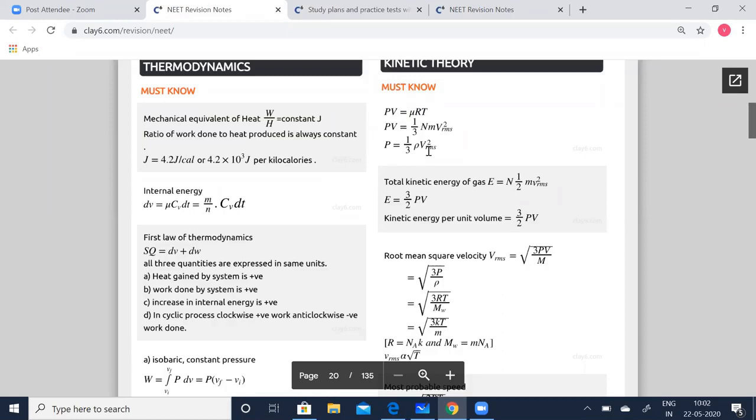PV is equal to 1 by 3 N m V RMS square, where V RMS is nothing but the root mean square velocity, m stands for the mass, N the number of molecules, and V RMS is the RMS velocity of the gas. P is also equal to, so all the three formulae you need to know, P is equal to 1 by 3 rho V RMS squared, where rho is the density.